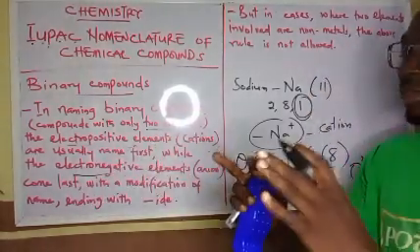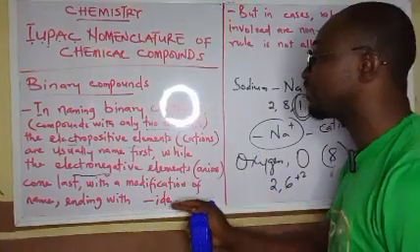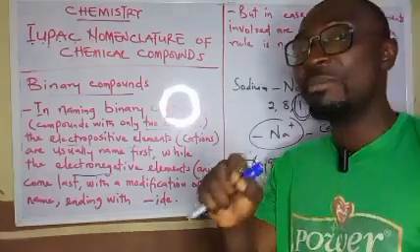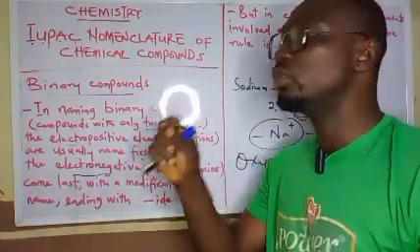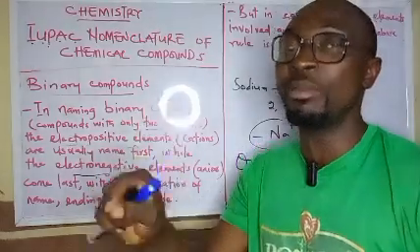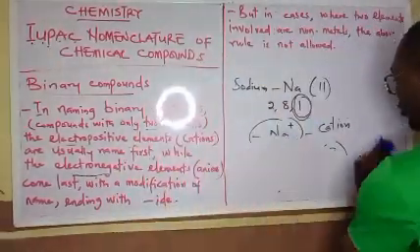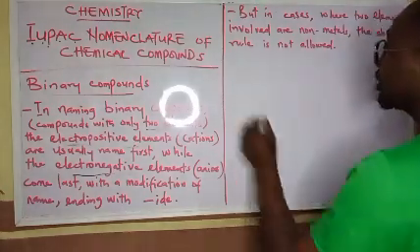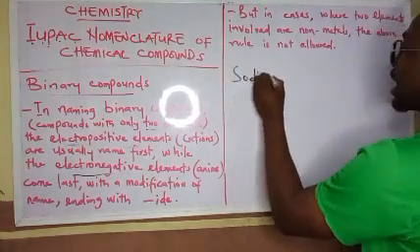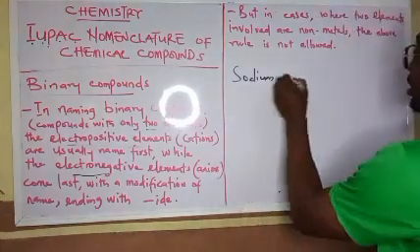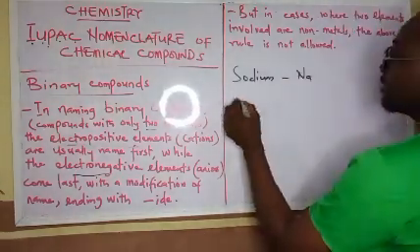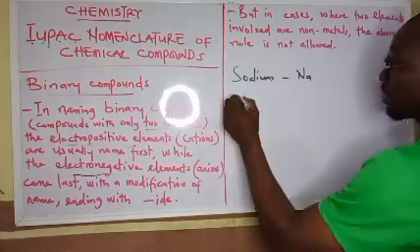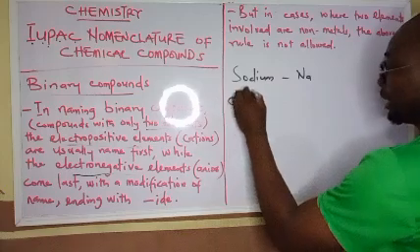When you have a combination of an electronegative element and an electropositive element together to form a binary compound, in naming such a compound, you name the electropositive element first. So let's have an example. I've made mention of sodium, an electropositive element, whose symbol is Na. I've also made mention of oxygen, but let's use another electronegative element, chlorine.